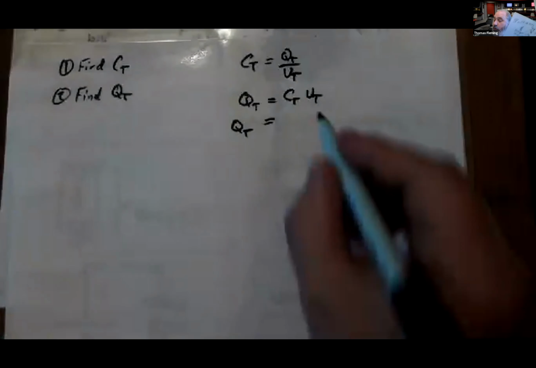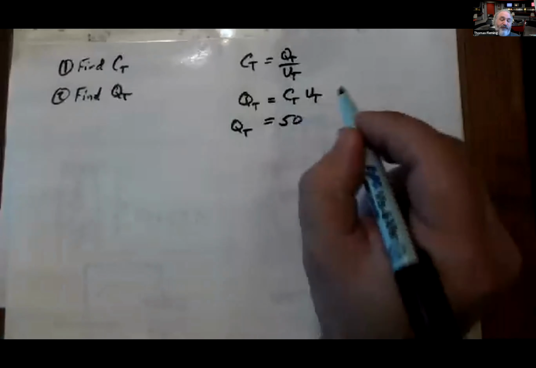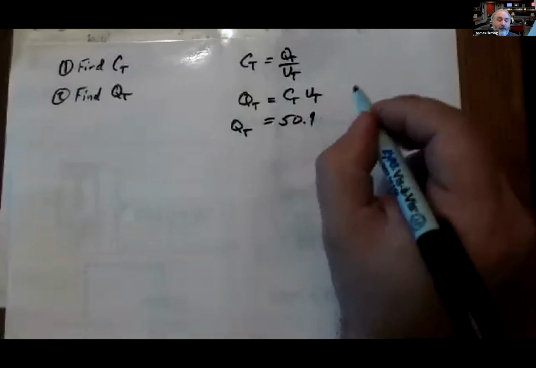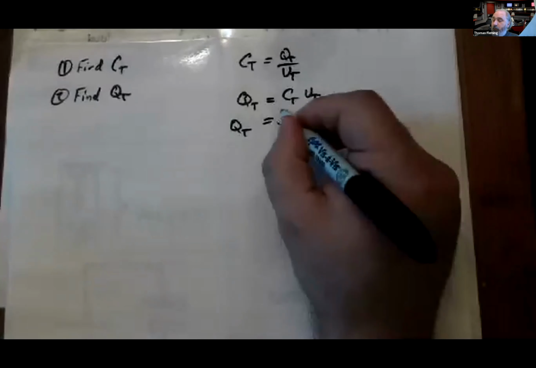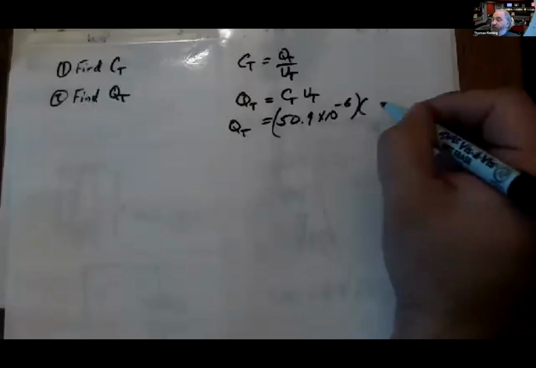So we know that C total was 50.9 microfarads. V total we said was 12.